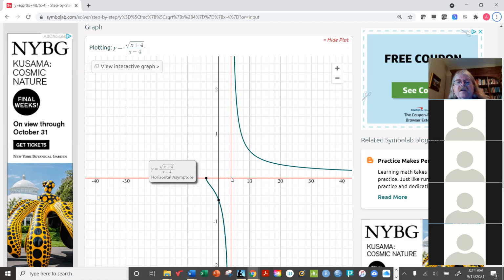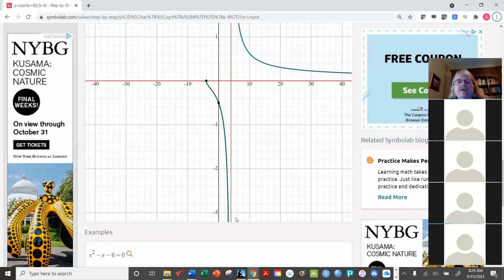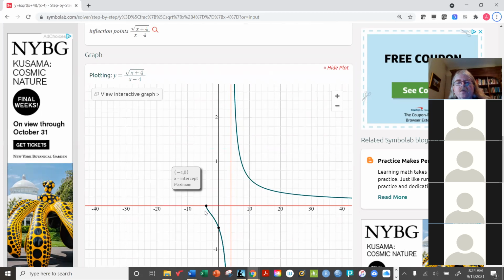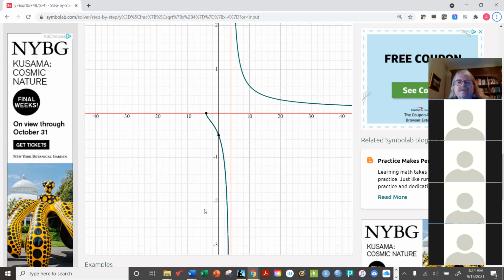Is that 1? No, I'm sorry, that's 4. Okay, that's the vertical asymptote. It means the function can't touch 4, and we knew that. But down here, normally this would continue, but we're forced to stop at -4.